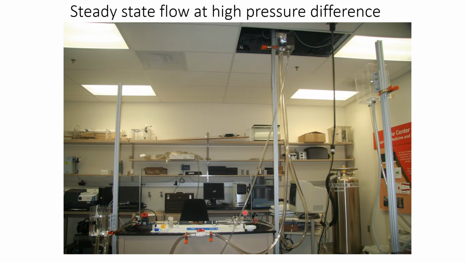And to give you an idea, to generate even higher pressure, I had to open a window on the ceiling, and put the chamber even above the level that it is here to generate high pressure.